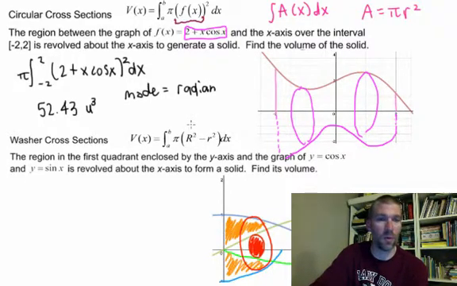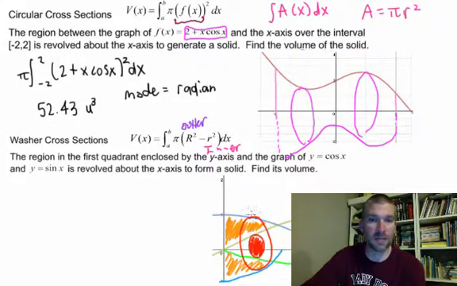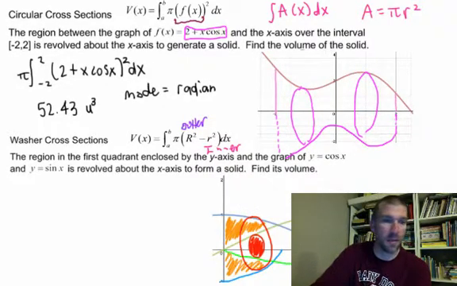So what we need to do is figure out the outer radius, that's the big R, and the inner radius, that's the little r. And we're going to take the outer radius squared minus the inner radius squared, times pi. Okay, now that gets us the area of the cross section.